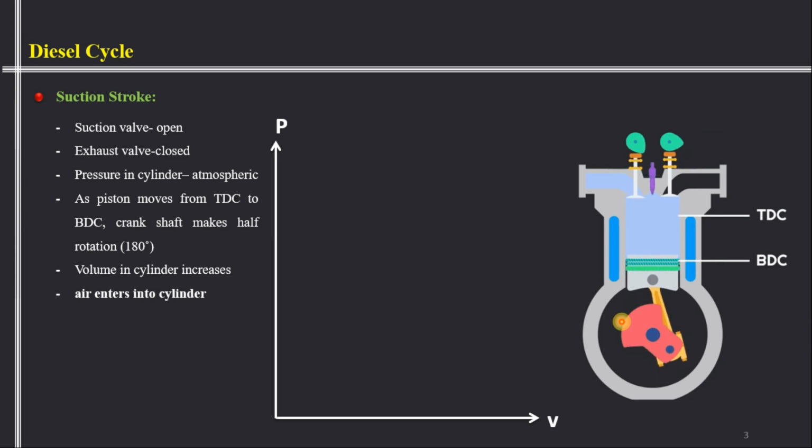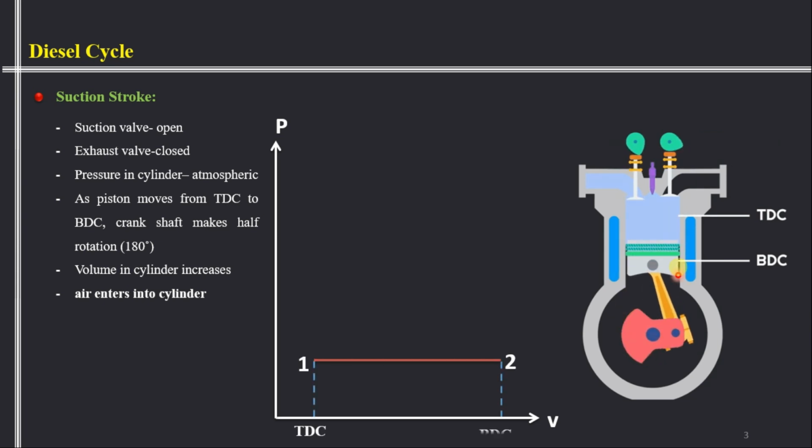If we look at this process on the PV diagram, it will look like this. The piston is moving from top dead center to bottom dead center, and the pressure inside the cylinder is maintained at atmospheric because the inlet valve is open.